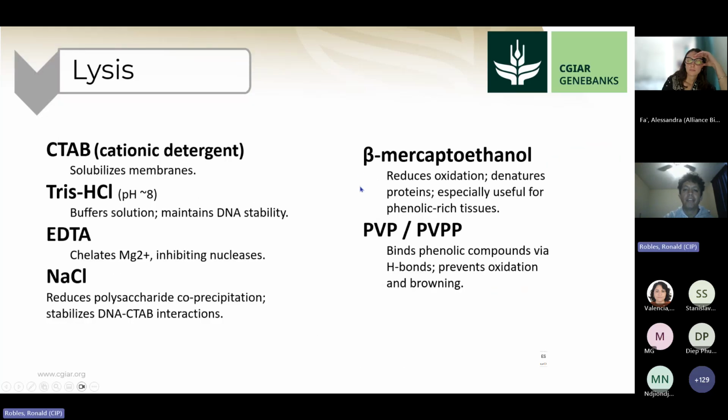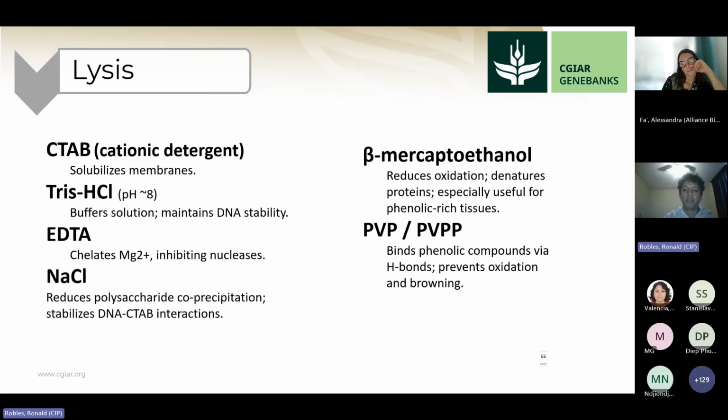This is the beta-mercaptoethanol. This molecule has the property to inactivate proteins because it cuts the bonds of the enzymes and denatures the structure of the proteins, inactivating some enzymes that can damage our DNA.